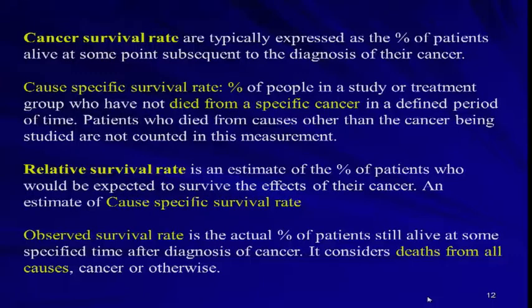It's a very complicated process, but it's an alternative to cause-specific survival. But in general, we use observed survival rate, where the cause of death can be any reason, as long as they were diagnosed with cancer.